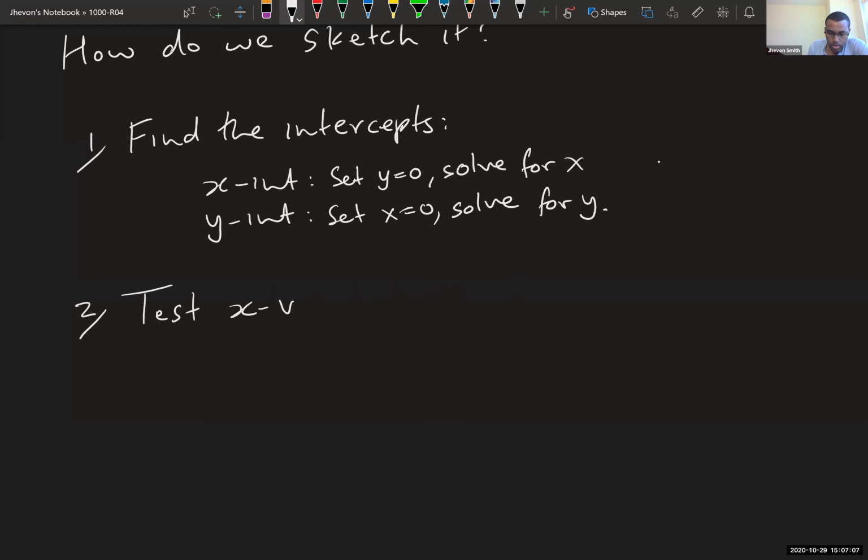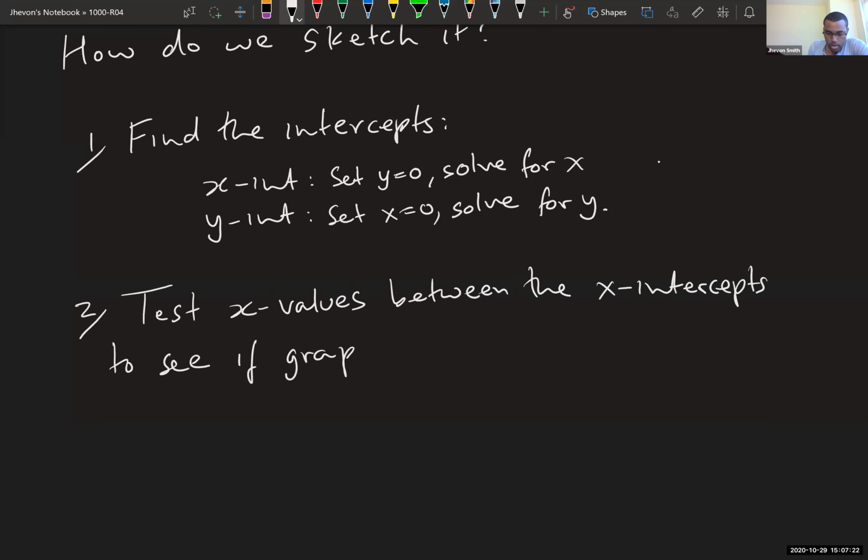Test x values between the x-intercepts to see if the graph is above or below the x-axis.